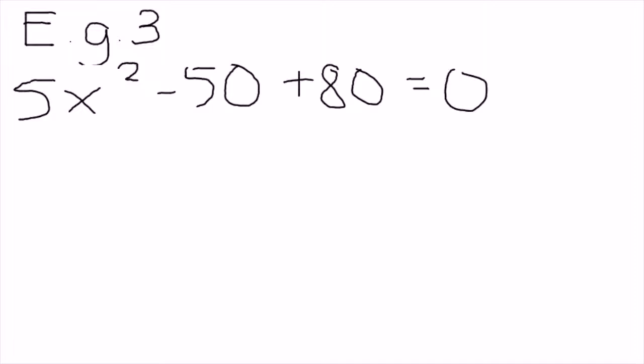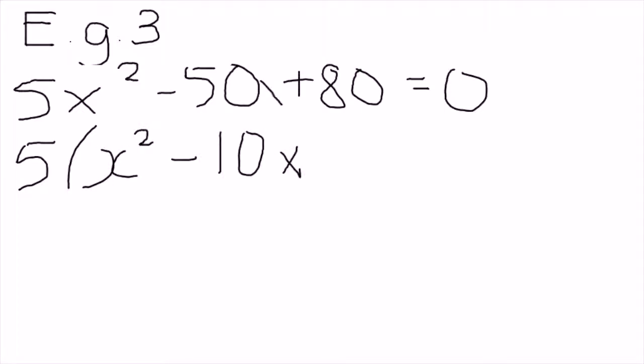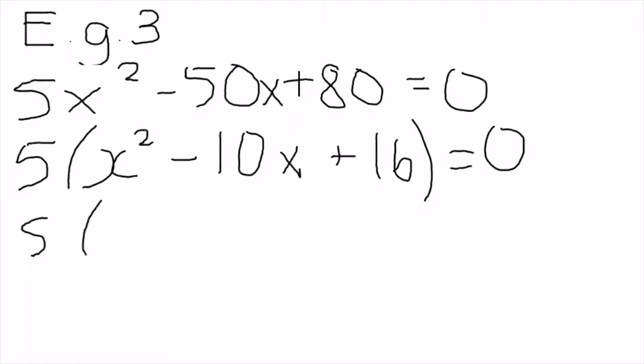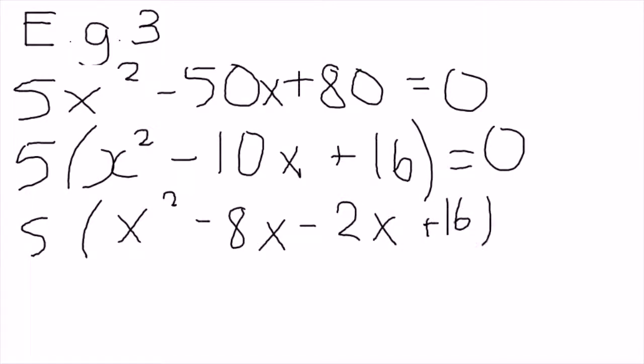So you get the equation x squared minus 10x plus 16 equals 0. So if you simplify this equation, you'll get the expanded version of x squared minus 8x minus 2x plus 16 equals 0.